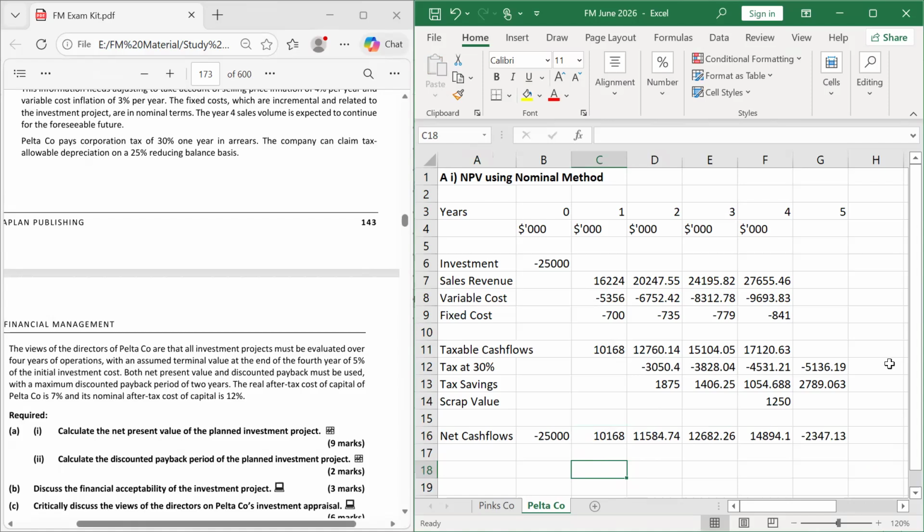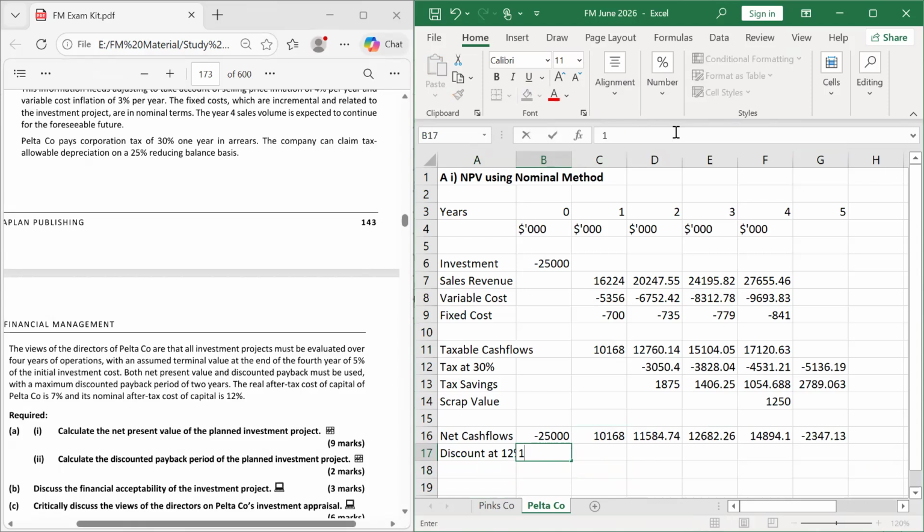And now we have to calculate the discount factor. You have been given the real after tax cost of capital and the nominal as well. So obviously we have to use the nominal after tax cost of capital, that is 12%. So at 12%, for year 0, the discount factor is always 1.